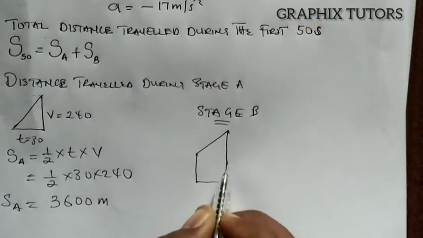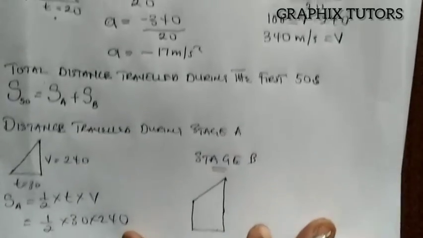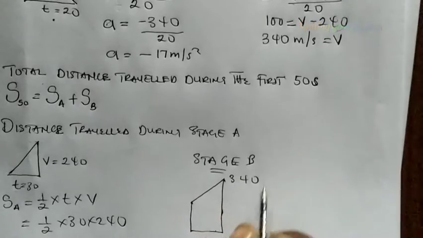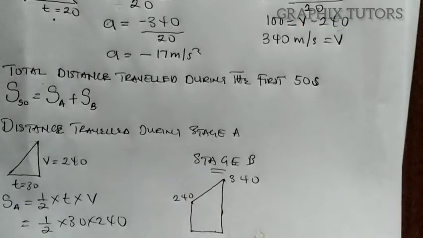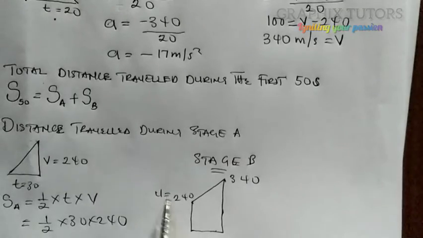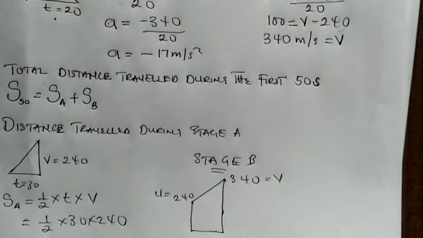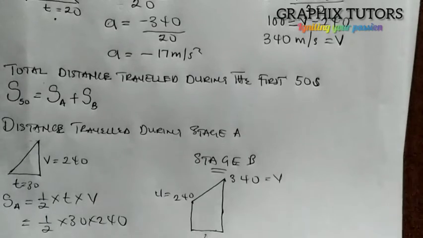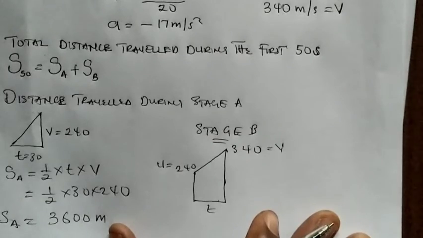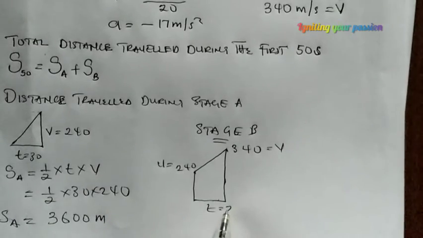So in this case, the high point here is 340, here is 240. I'll call it u, initial velocity is this, and this is what? Final velocity. Then the base here is t, right? And that is 30 minus 50, that is 20.